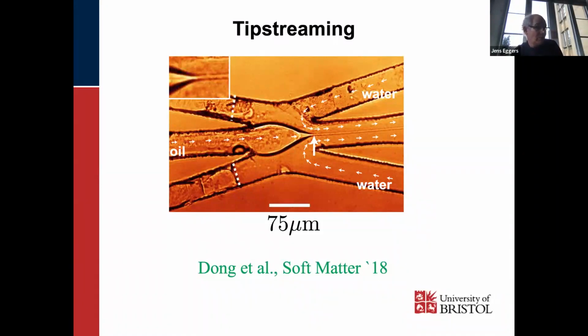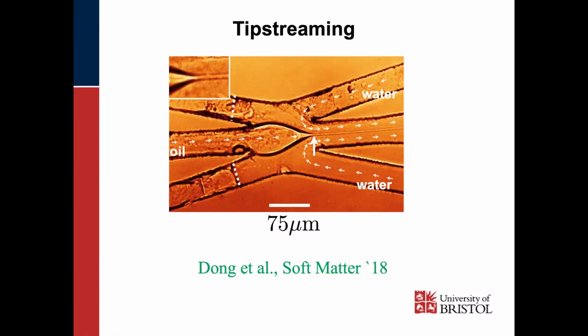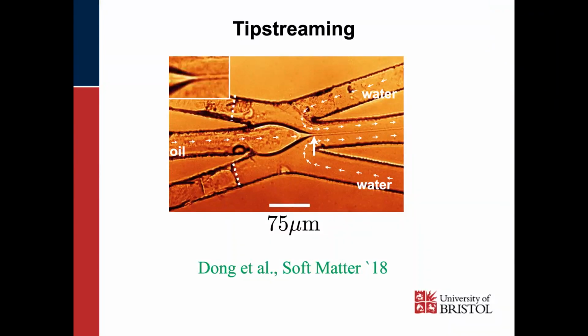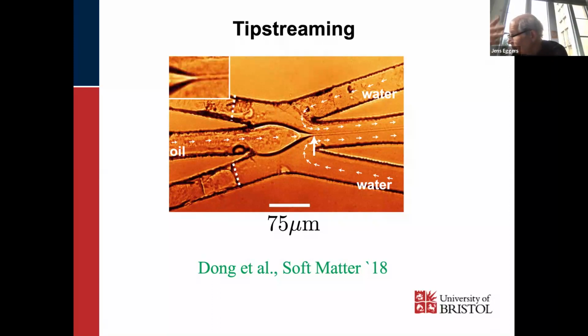G.I. Taylor did a remarkable calculation where he calculated the critical capillary number at which his solution should undergo a bifurcation, on account of the inner fluid pressing against the tip of the interface.